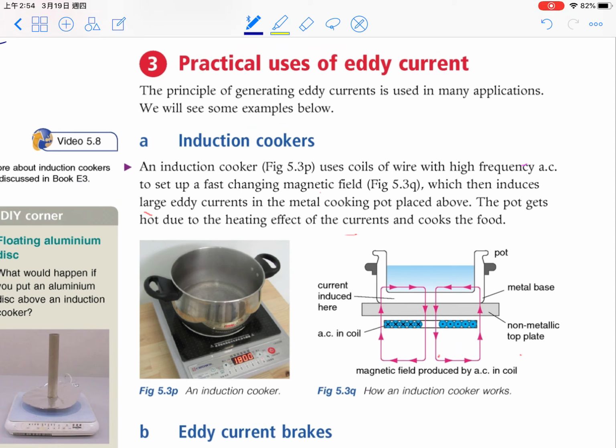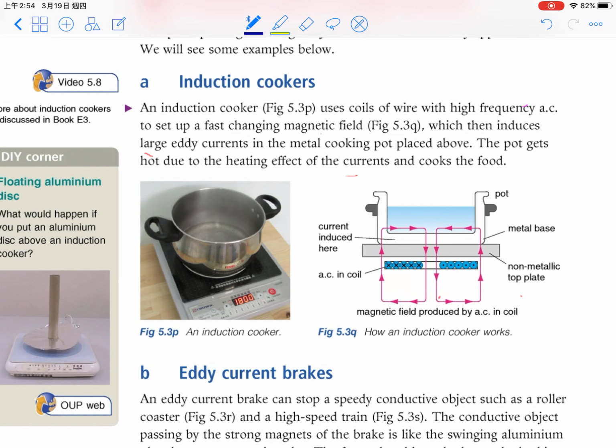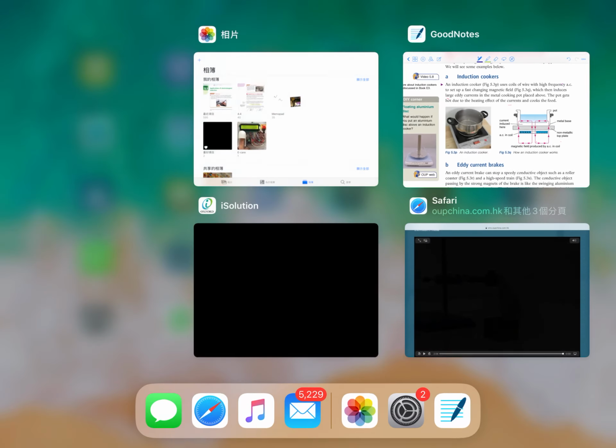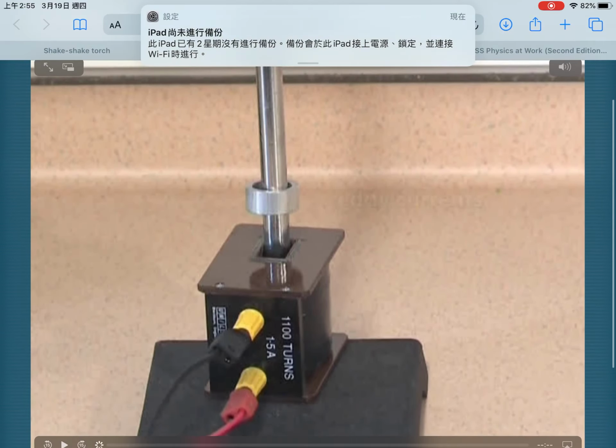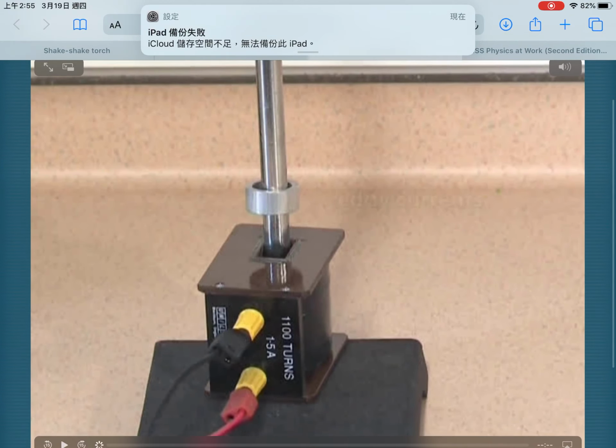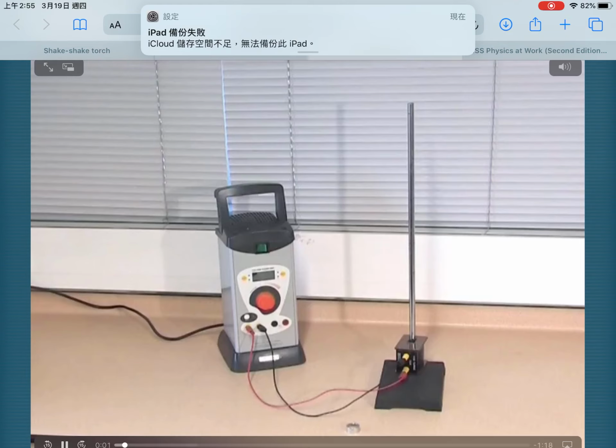Right now we go and take a look at the examples of the practical use of eddy current. The first one is the induction cooker. For the induction cooker, maybe we take a look at the video first. We are going to show the working principle of the induction cooker.